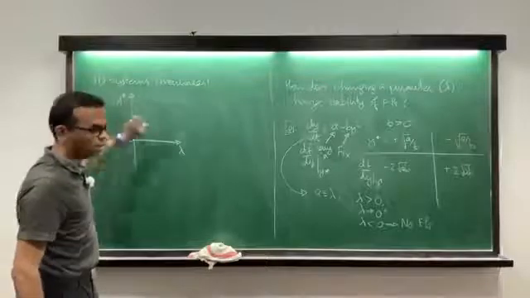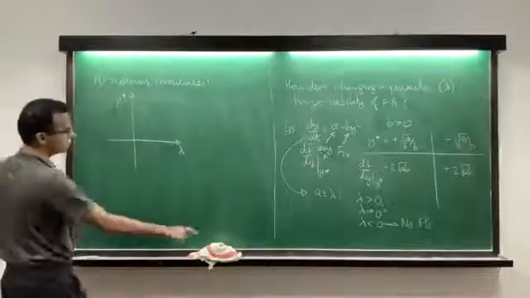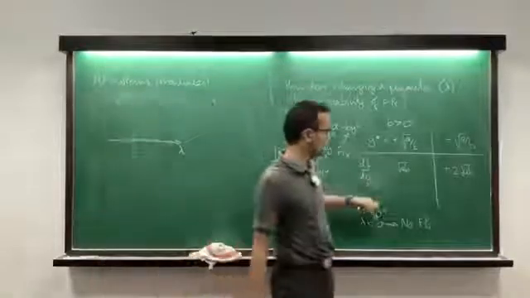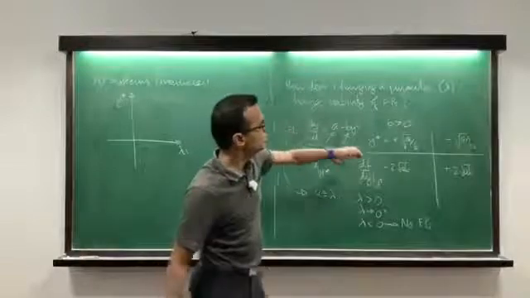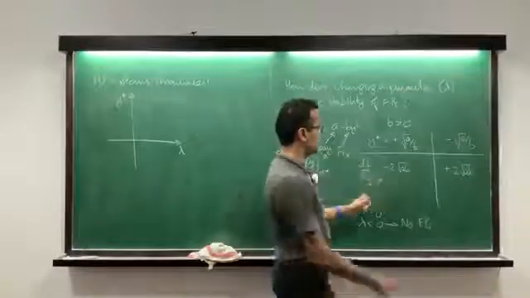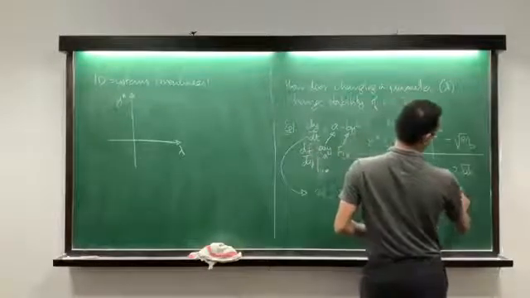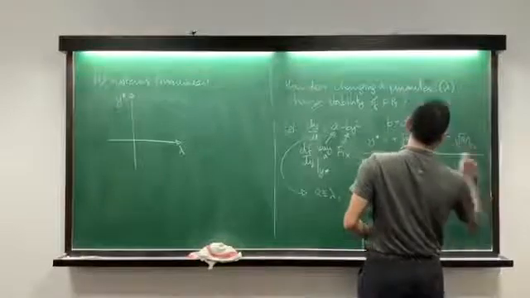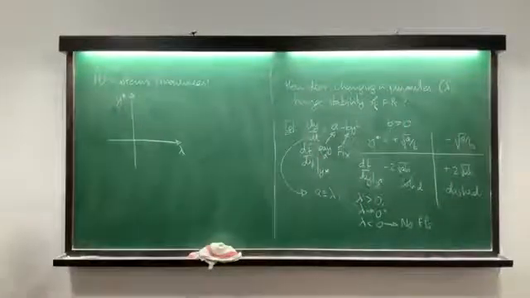I have two solutions for lambda positive, so I will have two lines. This one is stable, so I will indicate it with a solid line, and this one is unstable, so I will indicate it with a dashed line.